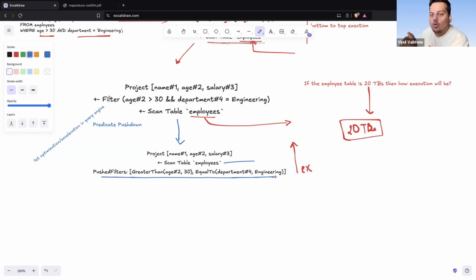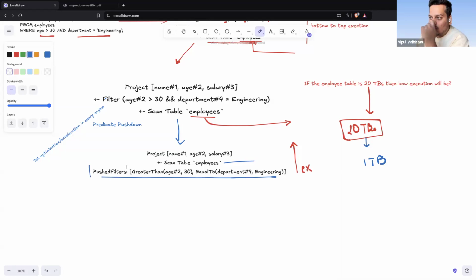So we are going to read only that data what the filters wanted me to do. So the IO reduces, we read very less amount of data, we are overall faster. Instead of loading all the 20 terabytes, maybe I now need to load only 1 terabyte. These are random numbers which I'm throwing out, but I hope you get the point.